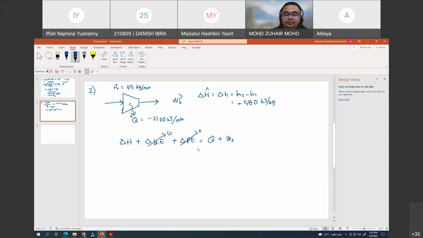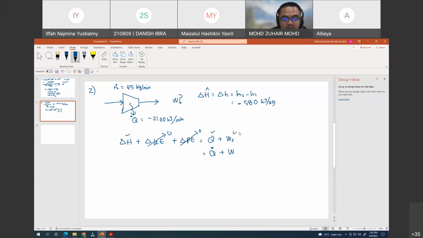So now we want to know the WS. We have Q, we have delta H, so it's very easy. The unit, okay: Q and m are in terms of rate, so Q dot plus W dot S.